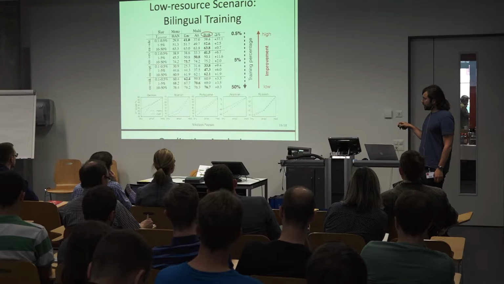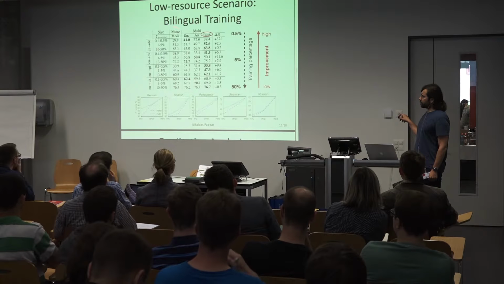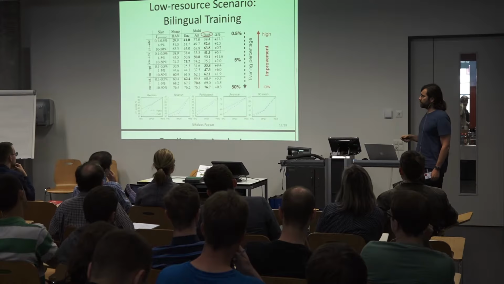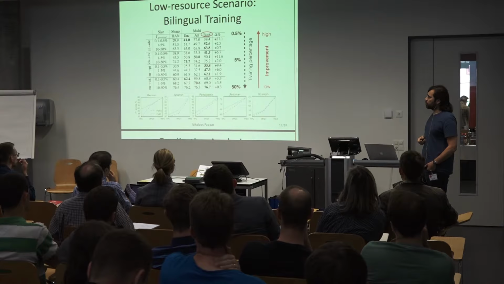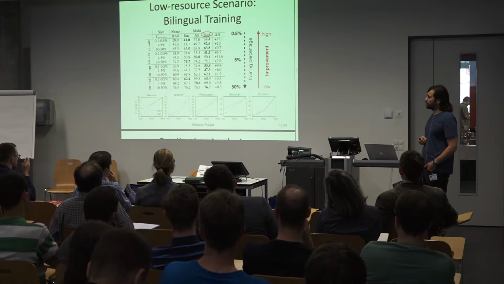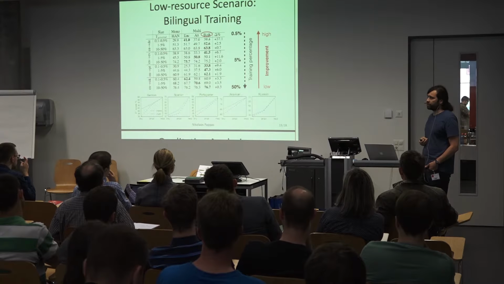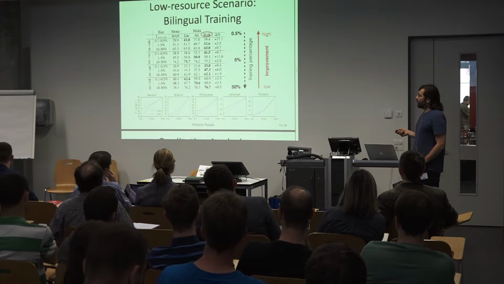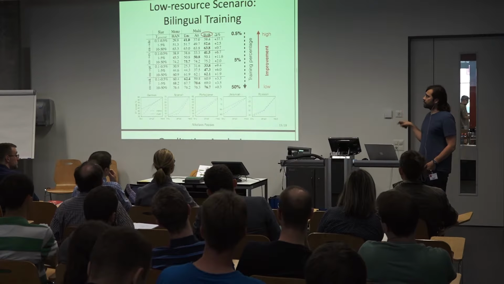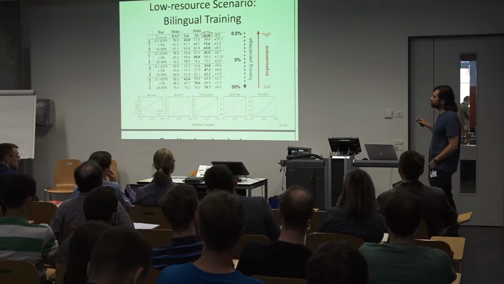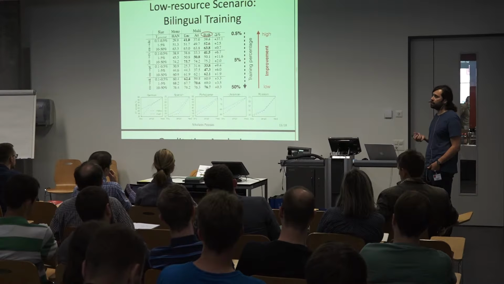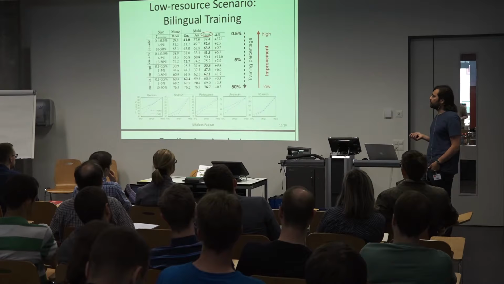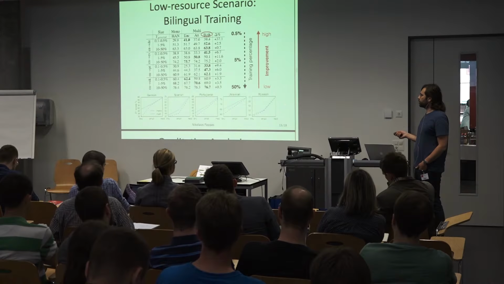So here is the performance of the monolingual model for this task, and here we see what happens when we train with the multilingual one, and we see that in all cases we can benefit from multilingual training. And it's quite interesting that in the low resource case, the less data you have, the higher the improvement you get from the multilingual training. So that's quite an interesting finding. And also we can see that in the plot over here.